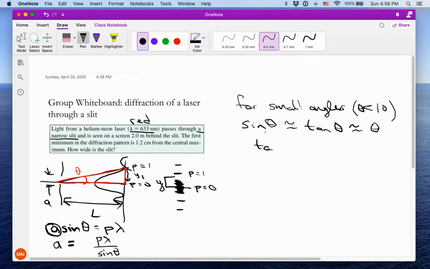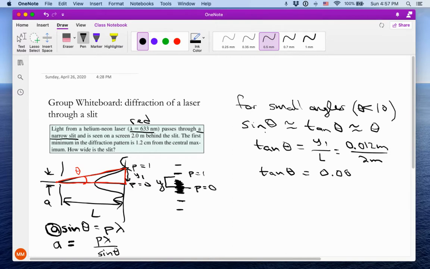So tan theta is equal to opposite over adjacent. In our red triangle here, that's equal to Y1 over L. And if I plug that in, my Y1 is, converting to meters, 0.012 meters over L, which is 2 meters.